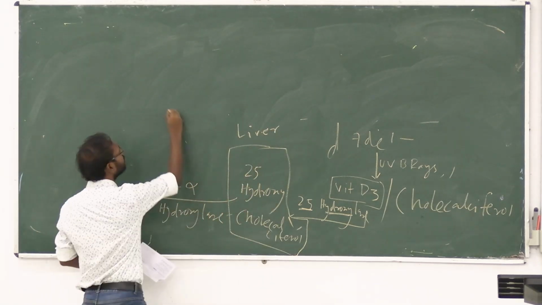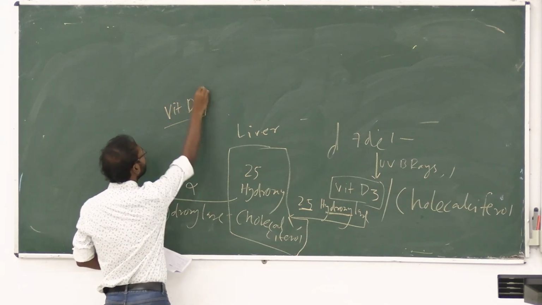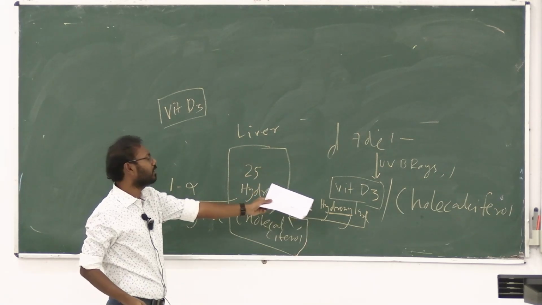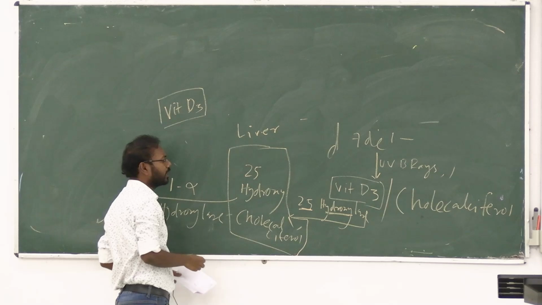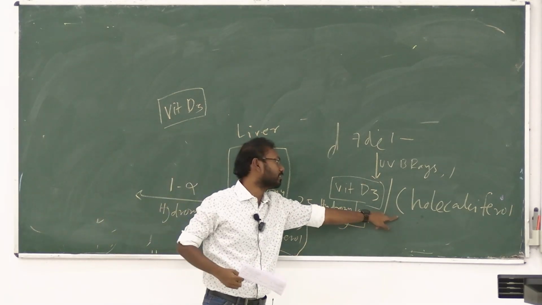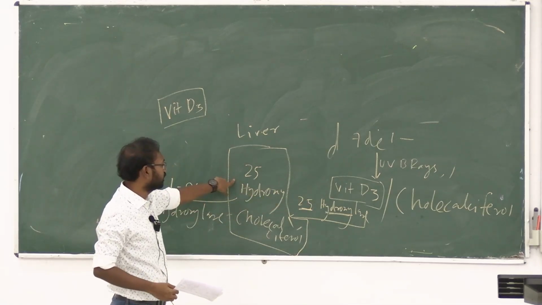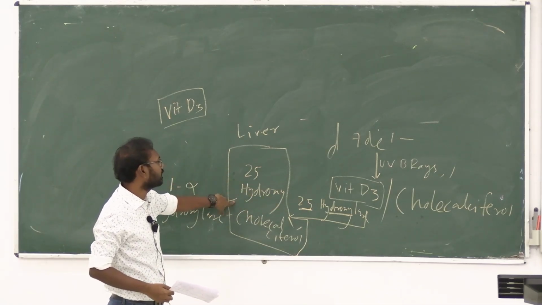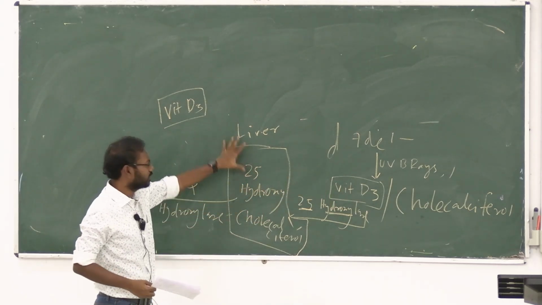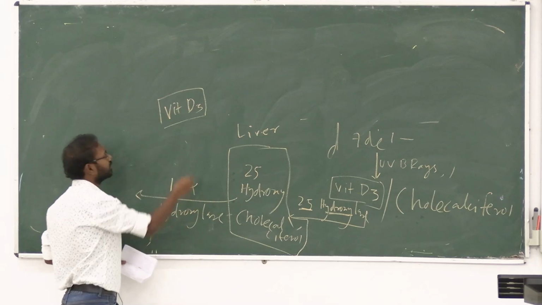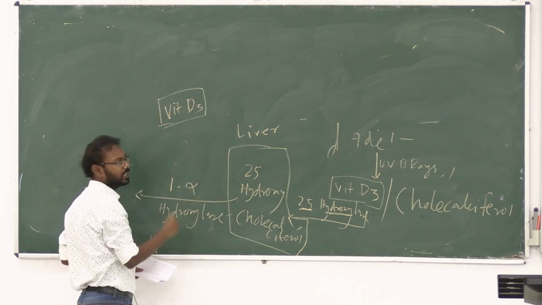If the amount of vitamin D3 is very high, then most probably it is not converting into that. And if that is very high, it is getting converted readily. So by assessing the vitamin D3 level, we can assess if this transformation is happening readily or not.